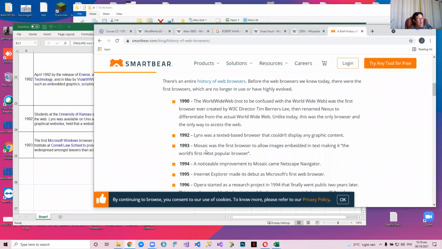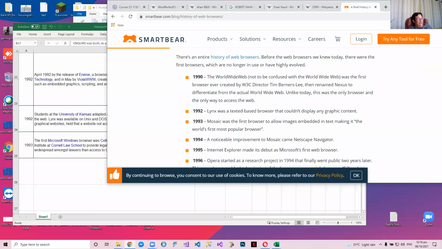Okay, do you follow? Now 1993, Microsoft Cello was developed. Mosaic and Cello are both 1993, but Cello was considered to be the first browser on Microsoft Windows. 1994, Netscape Navigator.